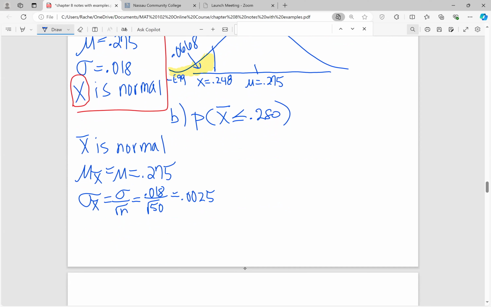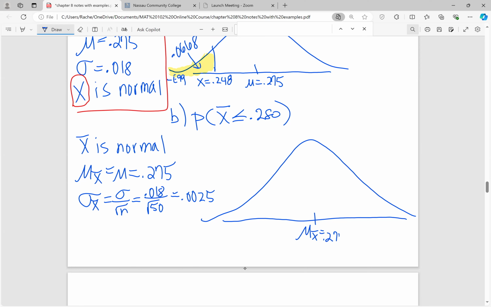Now I'm ready to answer this question, the probability that X bar is less than or equal to 0.280. I know X bar is normal, so I could sketch a normal distribution. This normal distribution represents X bar. So then that means the mean of all the X bars has to go in the center, mu sub X bar, and we know that's equal to 0.275. Now we want to know what's the probability that X bar is less than or equal to 0.280.